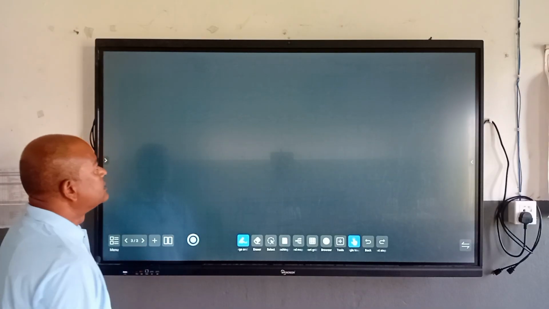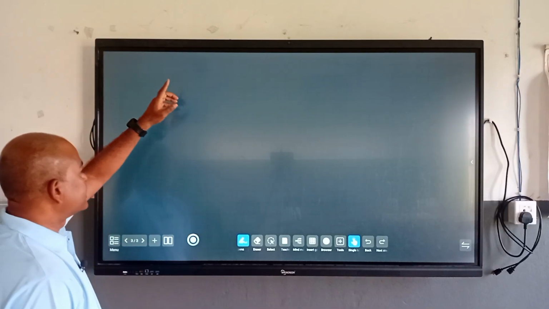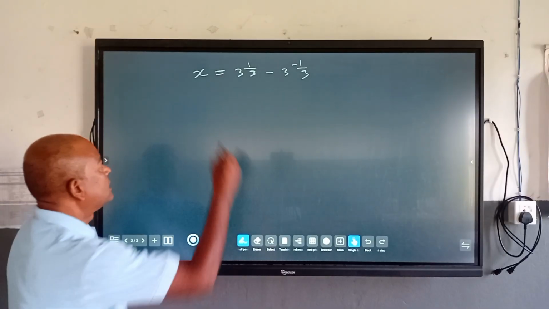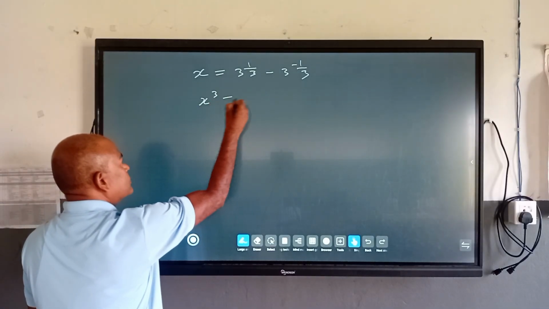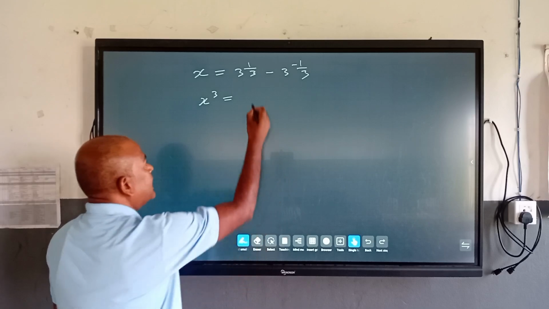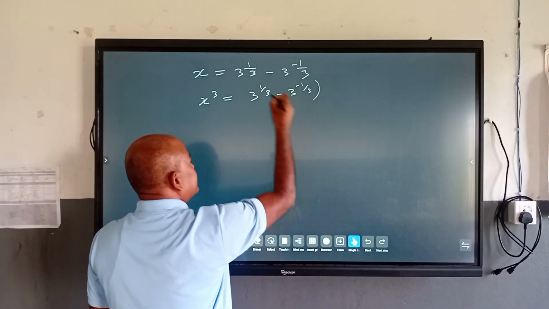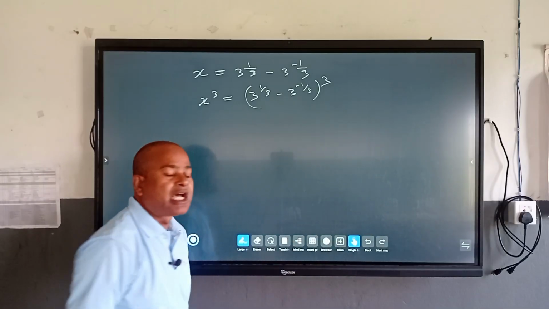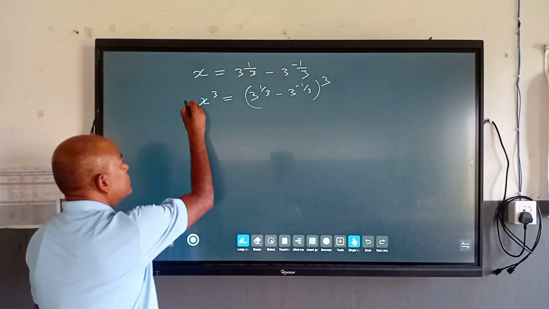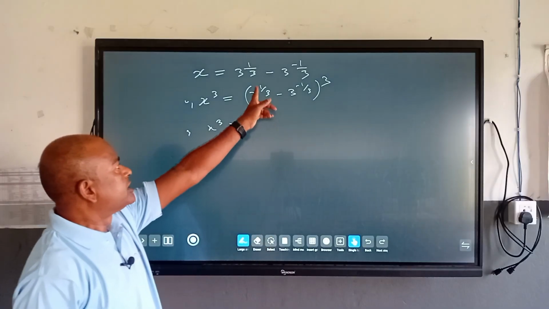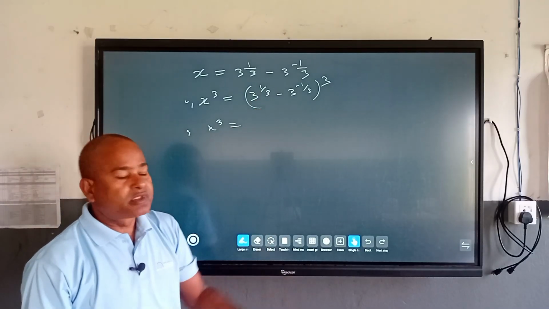So let's do cubing on both sides. Then this will be x power 3 and this will be 3 power 1 by 3 minus 3 power minus 1 by 3. So dear students, after cubing on both sides, we get x cube equals 3 power 1 by 3 minus 3 power minus 1 by 3 whole cube.